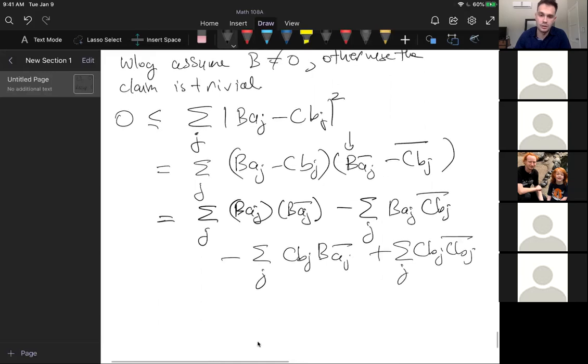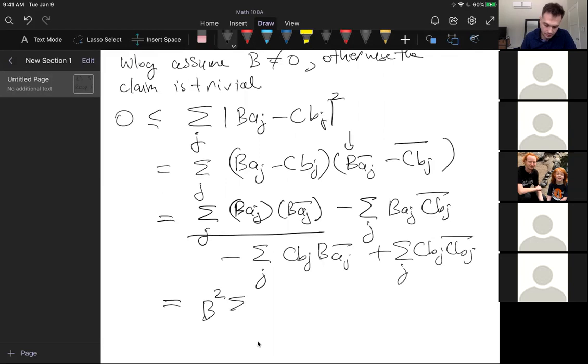Okay, so in the first sum here, B doesn't depend on J at all, so I can move that outside. So I can have B squared, and then AJ and AJ bar makes the norm of it squared.